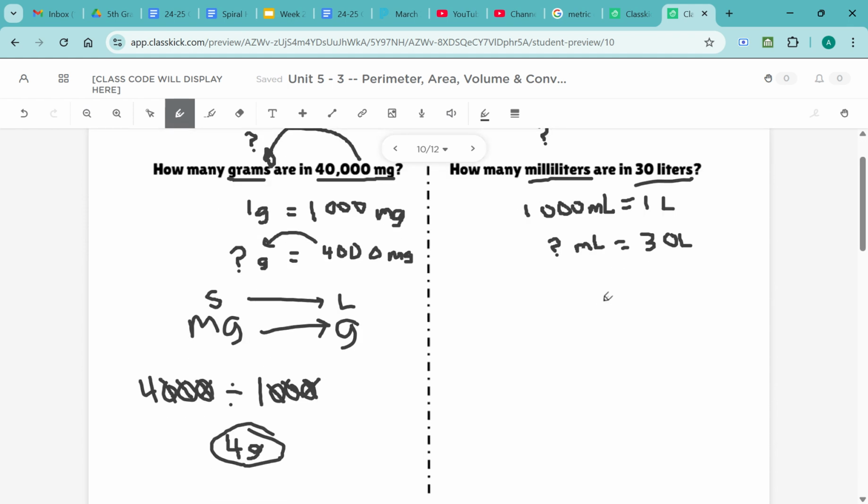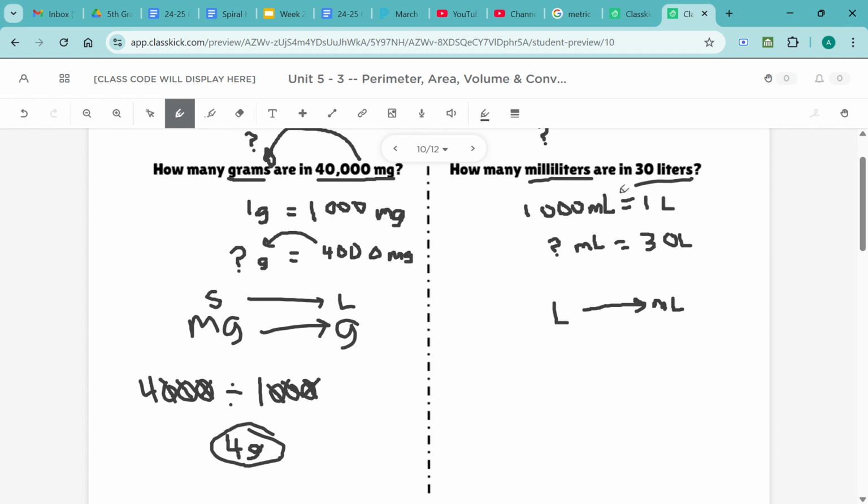Okay, so I'm starting with liters, and I'm going to turn them into milliliters. So which unit's bigger here? If I have 1 liter or 1 milliliter, which one's bigger? Well, 1 liter is bigger than 1 milliliter, because one liter would be 1,000 milliliters.